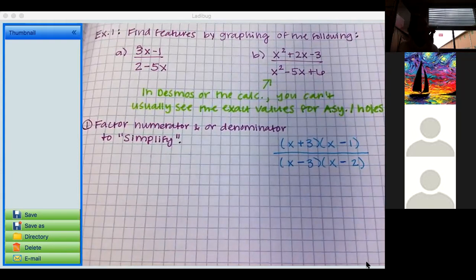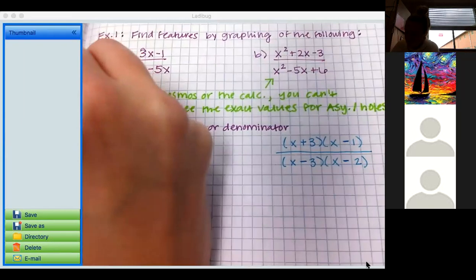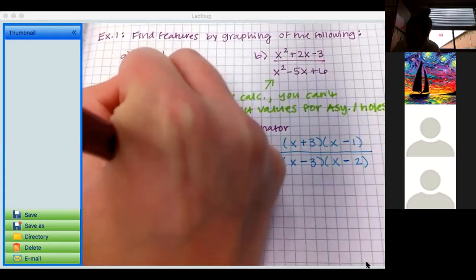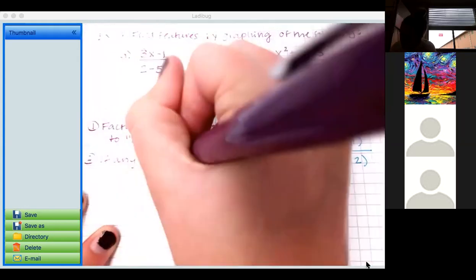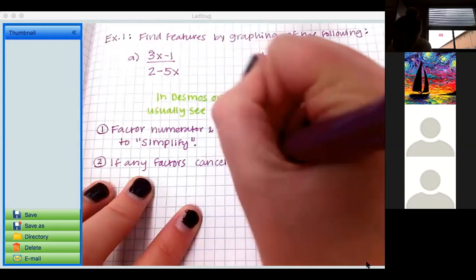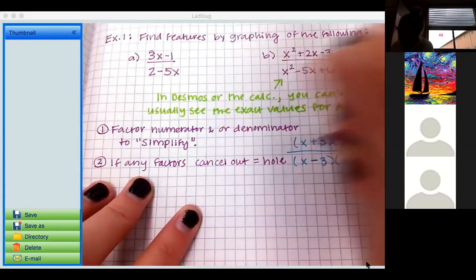Okay. Here's where the cool stuff happens. If anything cancels out, then you have a hole at that point. Did everybody hear me say that? If anything cancels, you have a hole. So let's write that down. If any factors cancel out, then you have a hole.